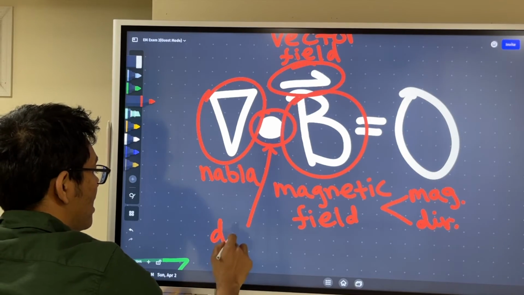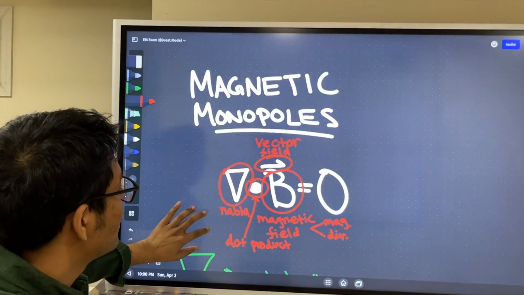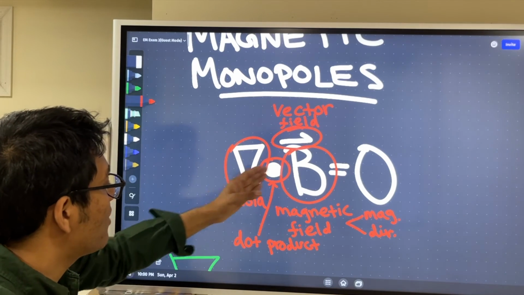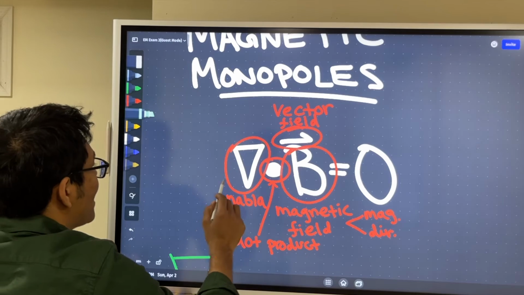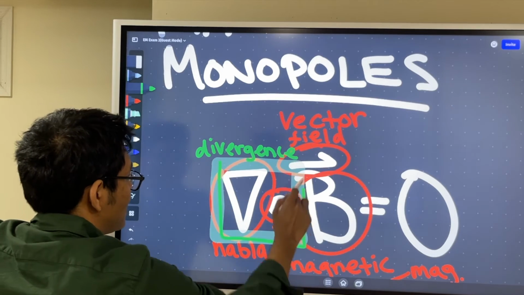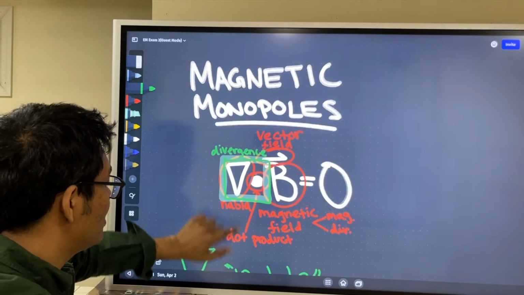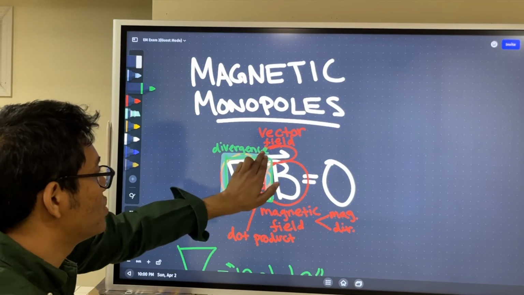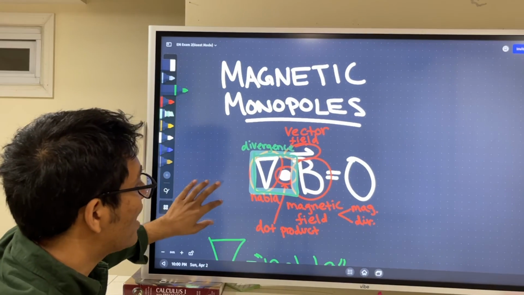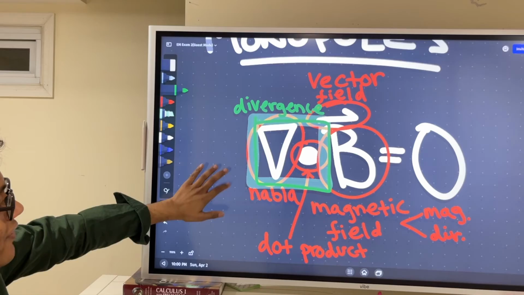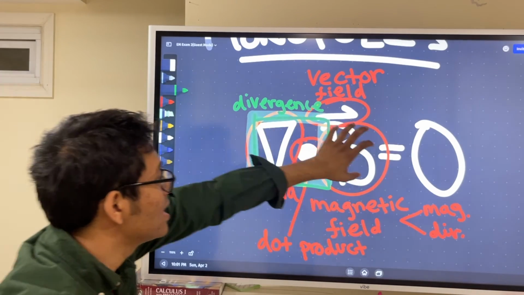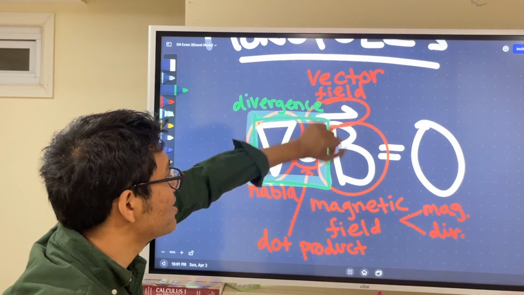So the dot product of the Nabla operator with the magnetic field, this combination, is called the divergence. When you see these two together, the Nabla operator with the dot product, that means you're taking the divergence of some vector field. Now that we understand what every symbol here means, this is Nabla, here's the dot product, together they're the divergence of the magnetic field, which is a vector field.